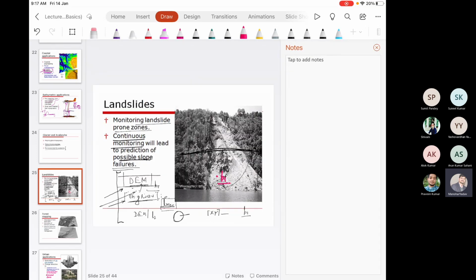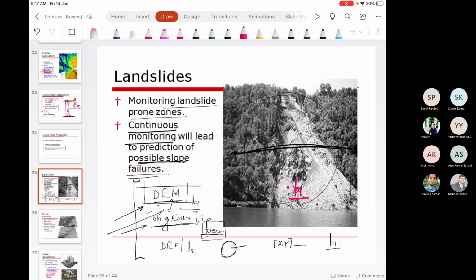Corresponding to this point P1, we have its planimetric location, where it is in 2D, that is XY. Along with the XY, we have the Z value, the height of where it actually is in the 3D space.